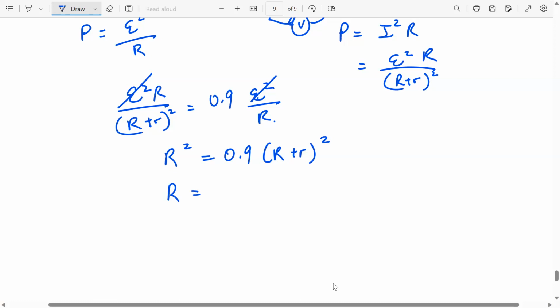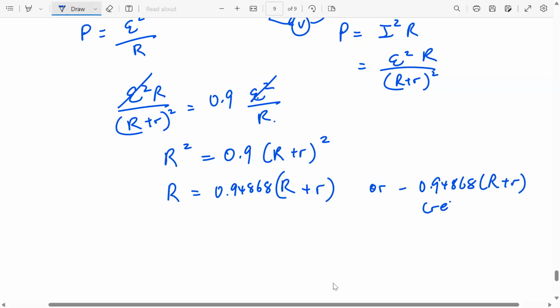R equals square root of 0.9, 0.94868, times (R plus small r). To be more proper, it's actually this or the negative version. Of course, the resistor is not negative, so this one you reject.